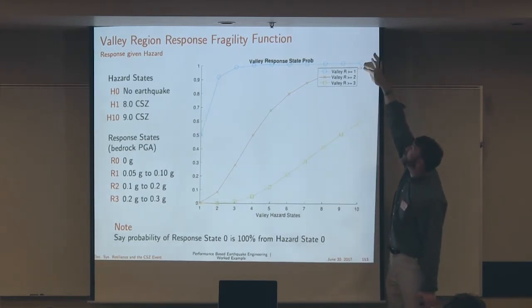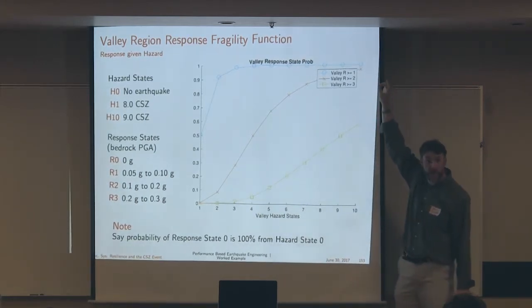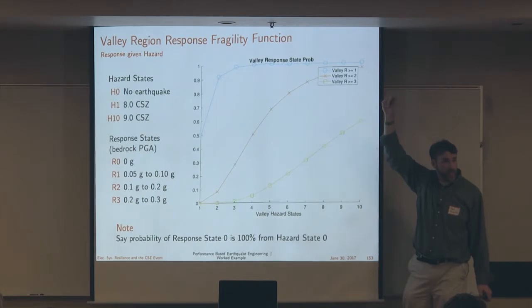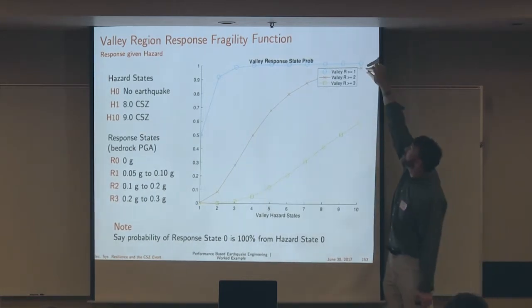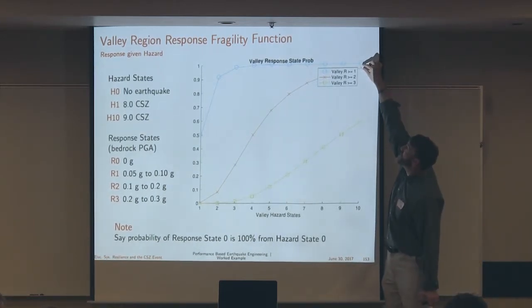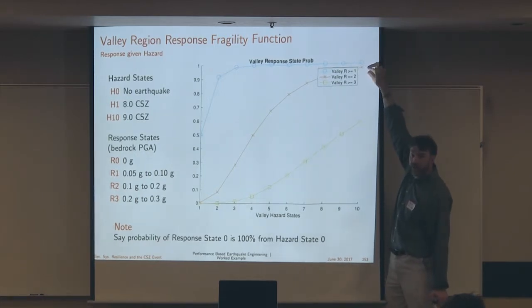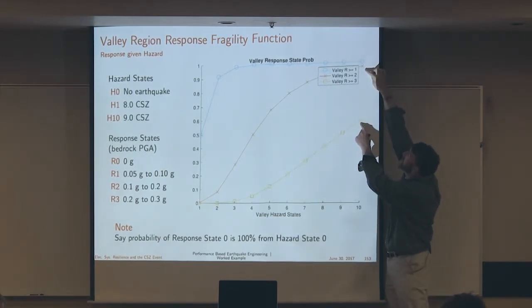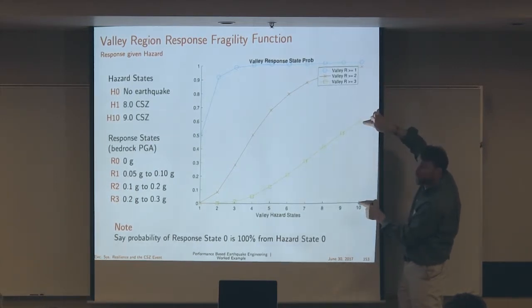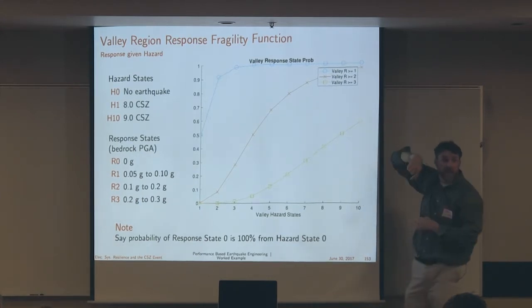So the difference between being in 2 or greater and 1 or greater is the probability of being in 1. Right? So this little distance right here. So it's about a 3% chance that I'm in response state 1. What's the meaning of this distance here? The probability that I'm in response state 2. And the meaning of this distance here? The probability I'm in response state 3.